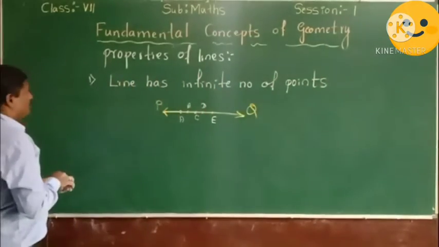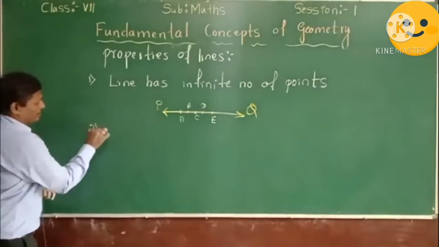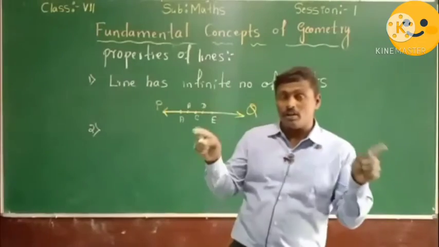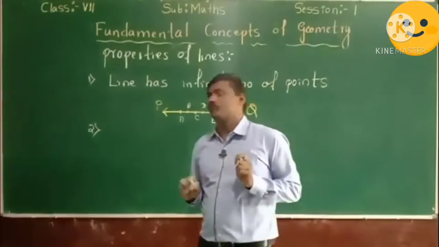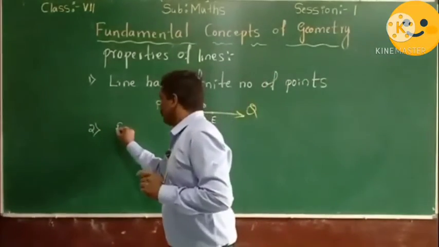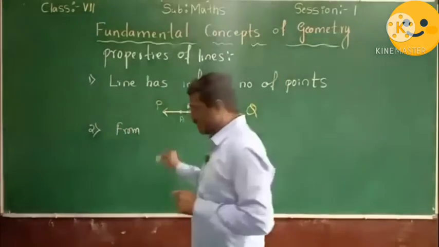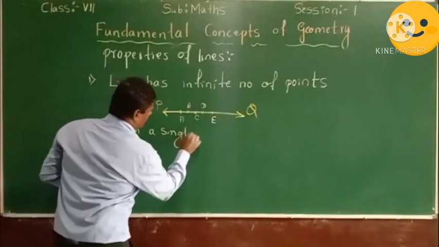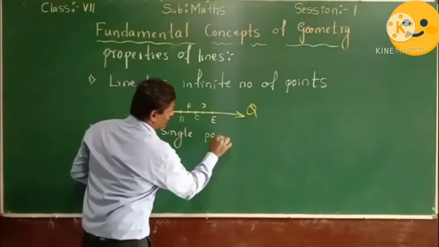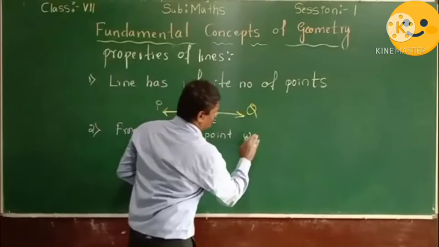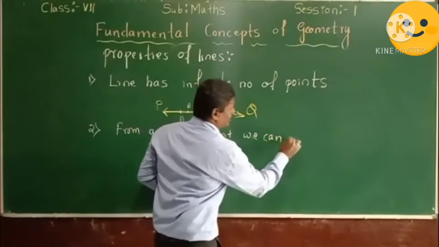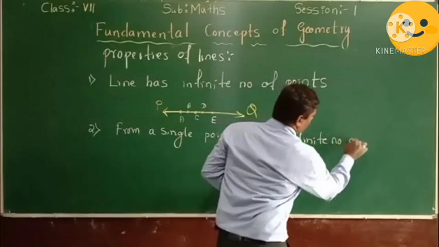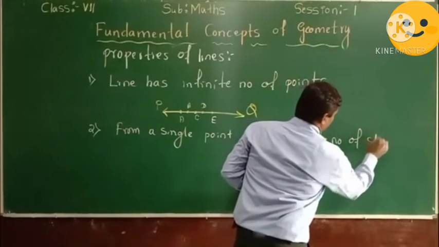Now the second property: from a single particular point we can draw infinite number of straight lines.